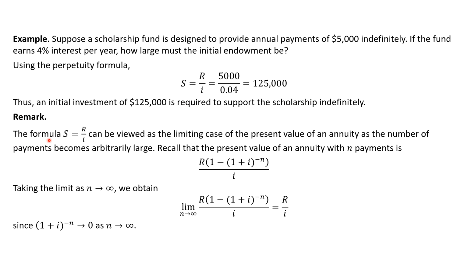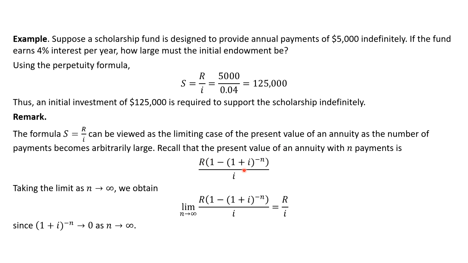So I have a remark here. The formula can be viewed as a limiting case of the present value of an annuity as the number of payments becomes arbitrarily large. Recall that the present value of an annuity with n payments is given by this formula here.